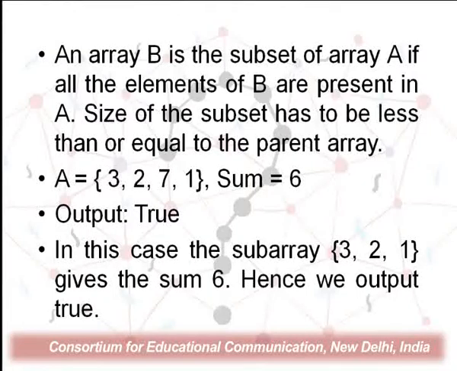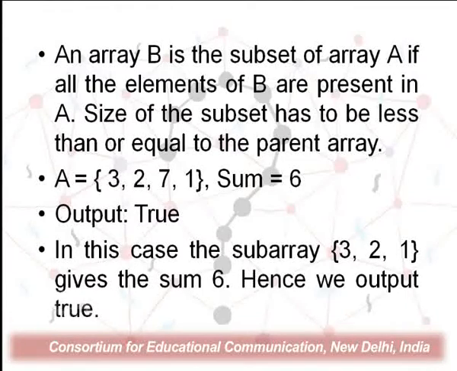So in its basic or fundamental form, the subset sum problem gives you a boolean answer, which says true or false. True when some subset exists for that particular sum which has been asked for; we will return true.